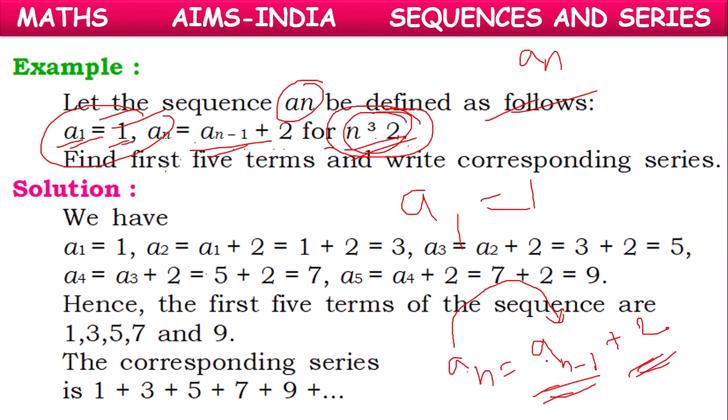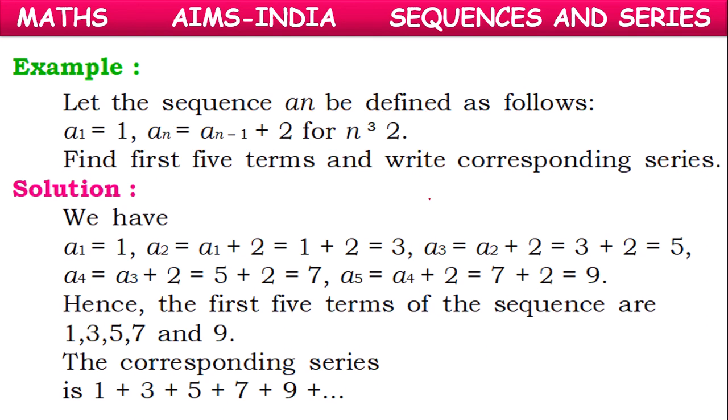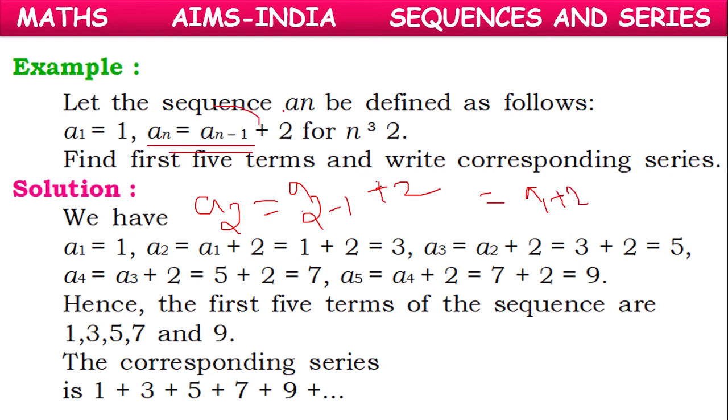Suppose we take A2. It will become A2 minus 1 plus 2, or A1 plus 2. So according to this nth term formula, any term we can find by adding 2 to its previous term.